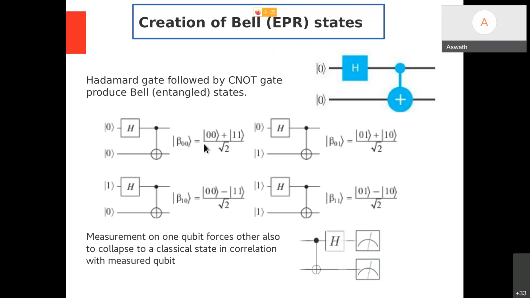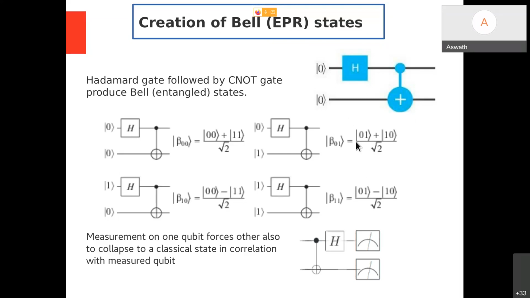So one idea of quantum computing is superposition. The next important idea of quantum computing is entanglement. If I measure one of the atoms and it falls to the excited state, the other one also falls to the excited state. In this way, using the Hadamard gate and CNOT gate, I can create entanglement between two atoms, right?